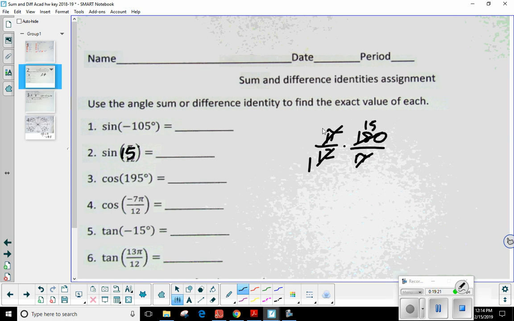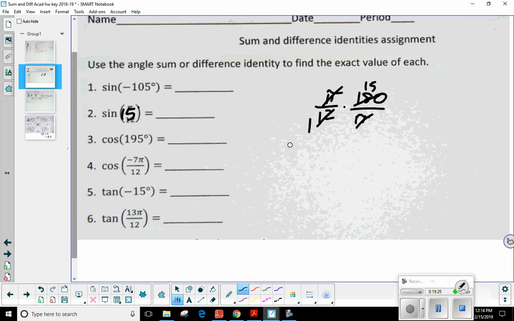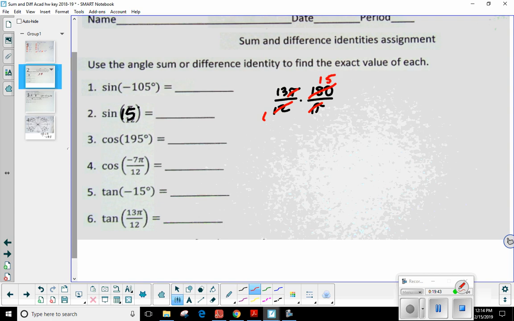Number 6. Okay. Oh, that's a good one. That's a tangent. So let's see here. First, we need to figure out what that measure is. So I've got 13 pi over 12 times 180 over pi. Okay. So those pi's are going to cancel. 12 will go into 180. We just saw it's 15 times.